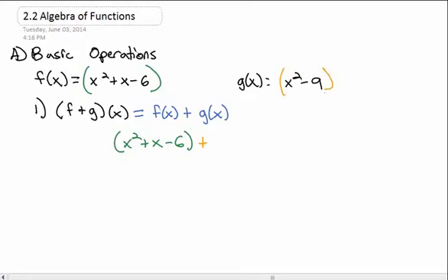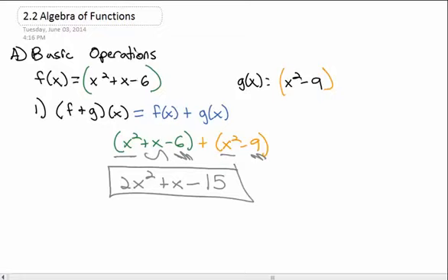Well, g of x is this x squared minus 9. And then from here all we have to do is any simplifying that comes out of it. Since we're adding, the parentheses don't really matter, so we'll combine like terms. X squared plus x squared is 2x squared plus an x, and then minus 6 minus 9 is minus 15. And we have now added these two functions together.